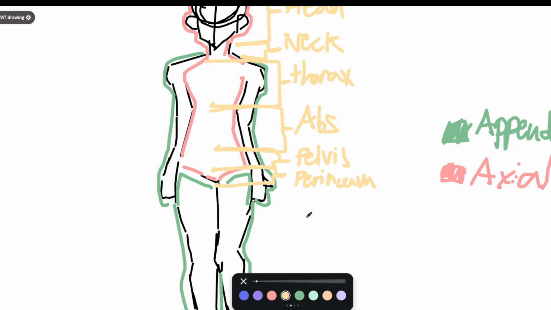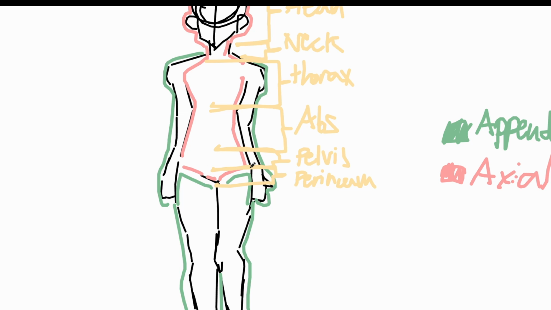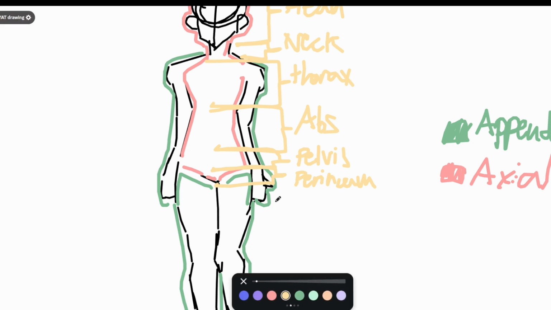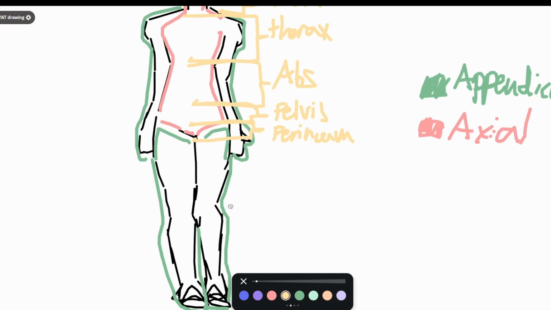What is the perineum, you ask? Imagine yourself looking at somebody's crotch. This sounds wrong, I know, but from a bottom to top view. The perineum, I'll put it up on screen, is that general area.